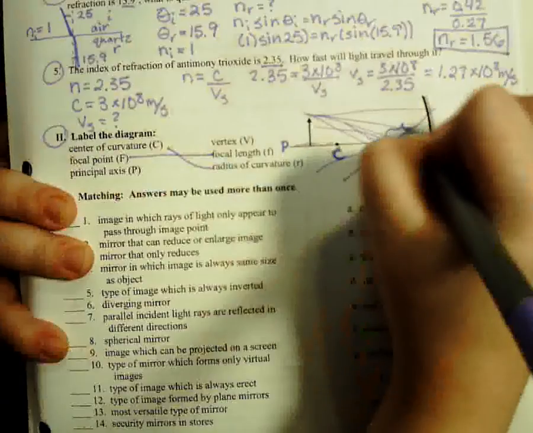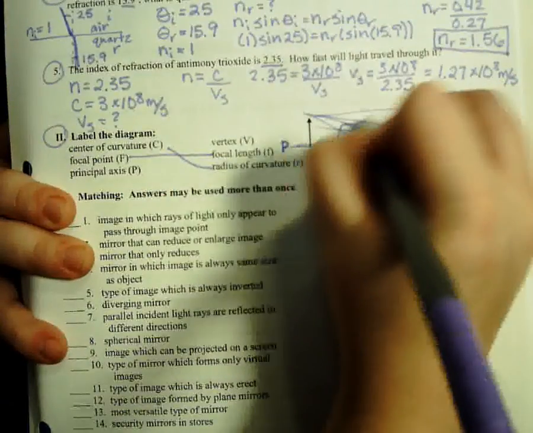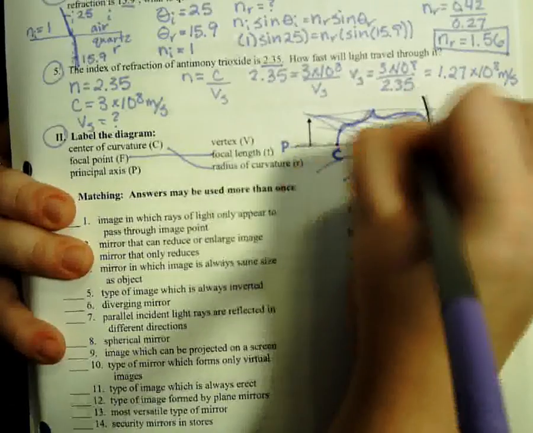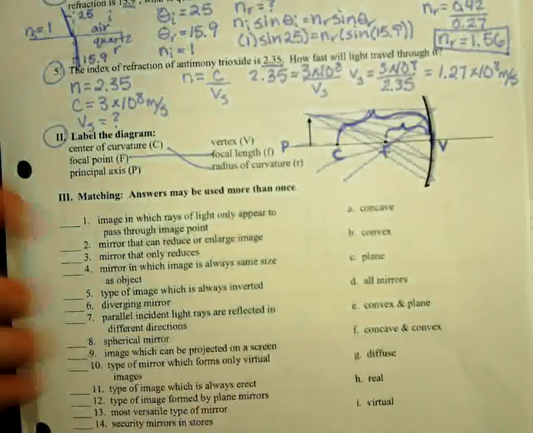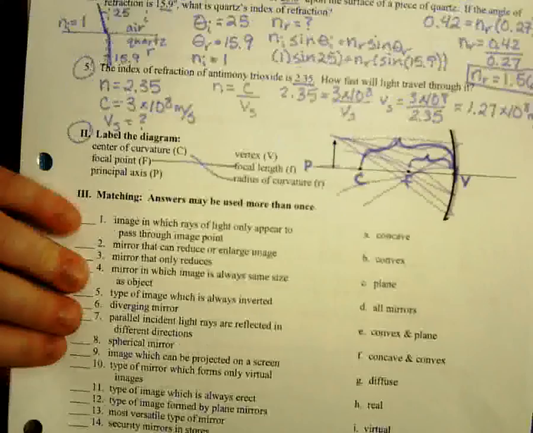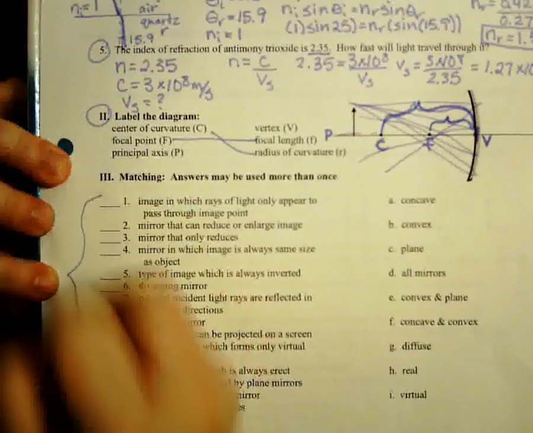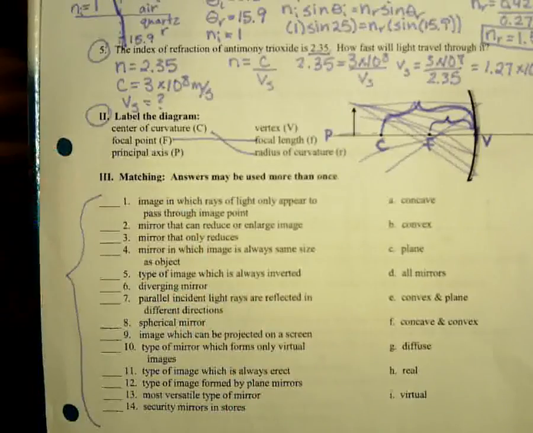It's just this distance and then this distance. So that stuff's pretty self-explanatory. Not real worried. Do spend some time looking at these, make sure you know all of them.